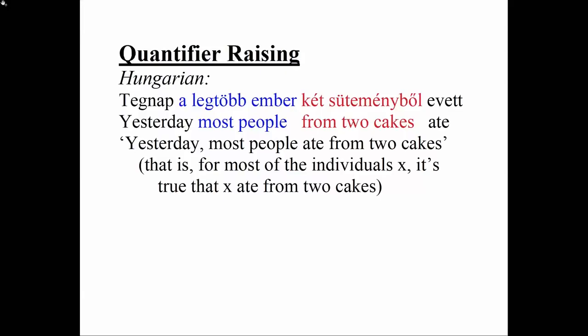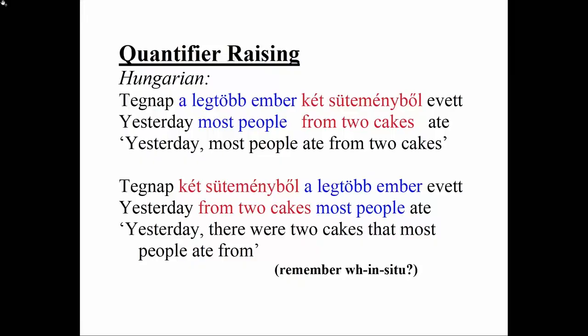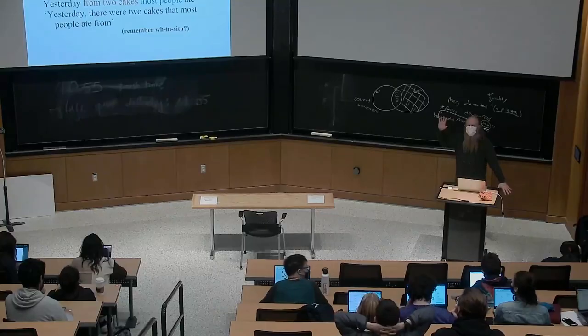So in Hungarian, the Hungarian translations for "most people ate 2 cakes" have 2 word orders, each of which means only a single thing. I don't speak Hungarian, so I won't try to say these sentences. Does anyone here speak Hungarian? Okay.